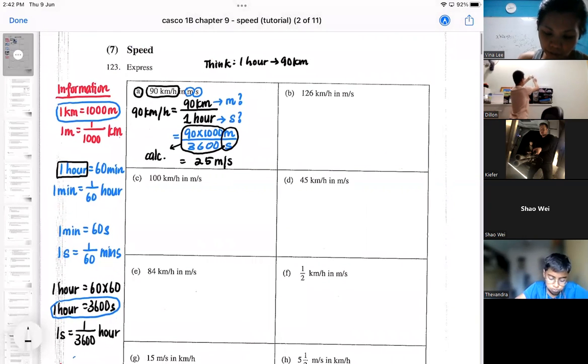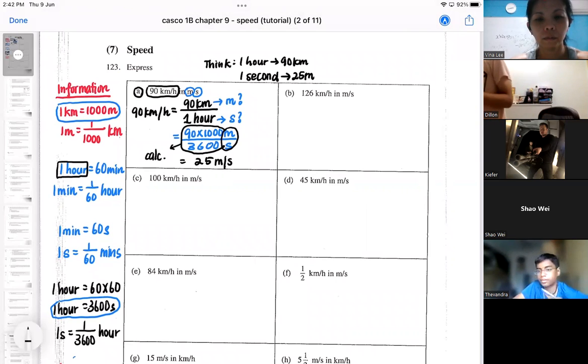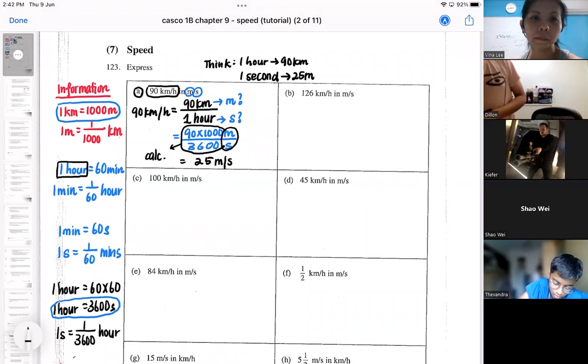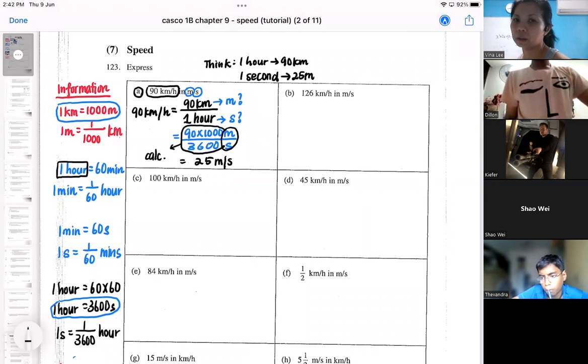In primary school terms, it means that in 1 second, you travel 25 meters. So I repeat, you convert the numerator to the desired units and the denominator to the desired units.